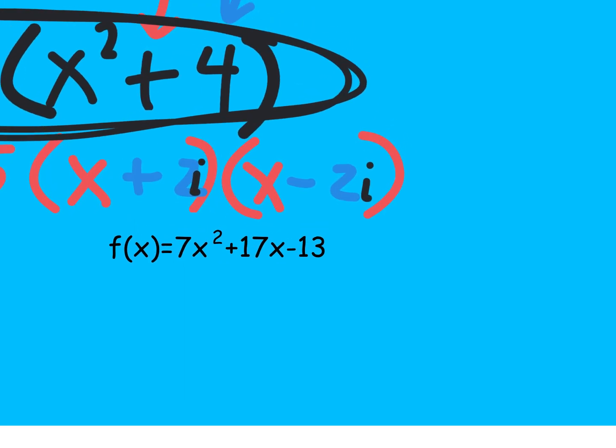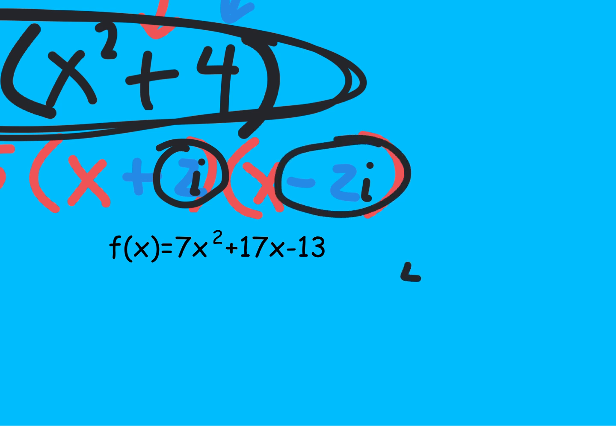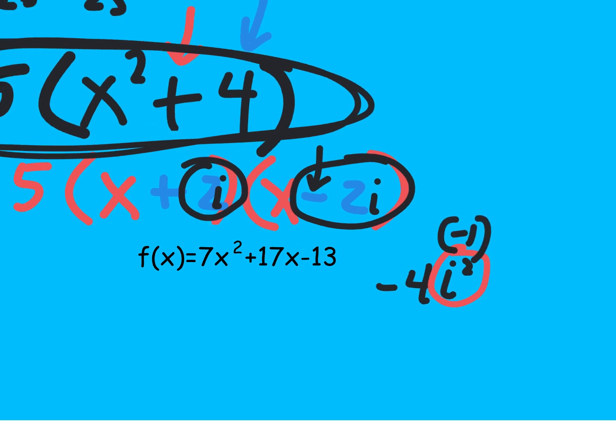The reason it works, by the way, if you're one of those top students who's like, yeah, explain that to me, Mr. Server: because 2i times 2i is 4i squared, and i squared is equal to negative 1. So this comes out negative because there's a negative in the problem, and i squared is a negative 1. So guess what negative 4 times the negative 1 makes?